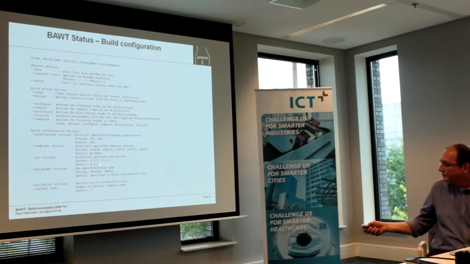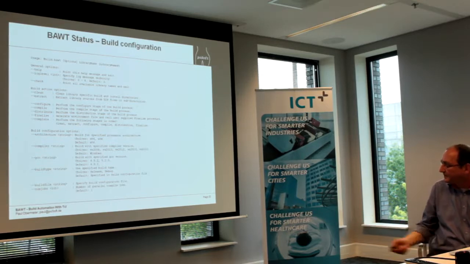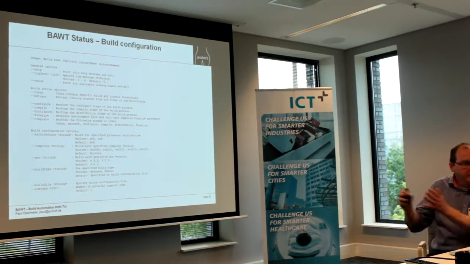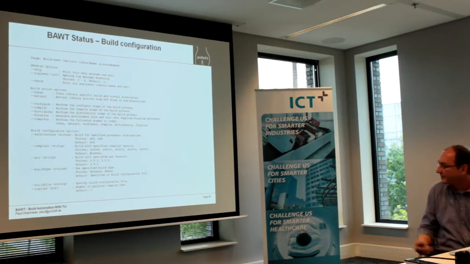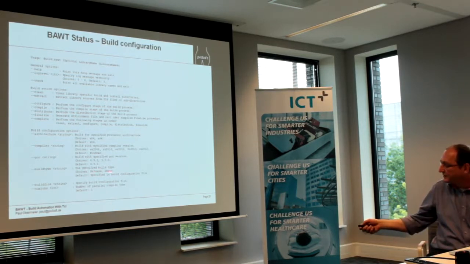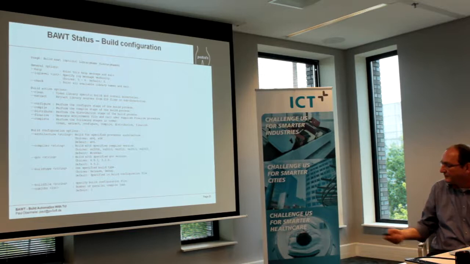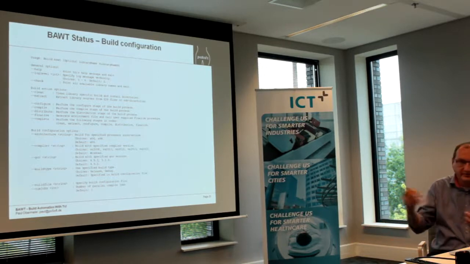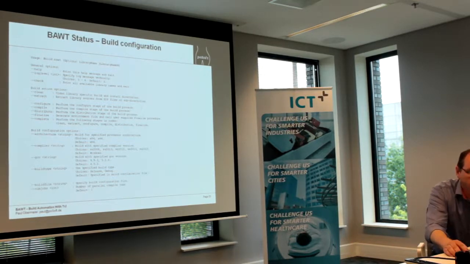You can also choose the GNU compiler version, and you can override the build types which are specified in the setup file if you want only a release or only a debug build. You can also specify the number of jobs so you can compile in parallel.